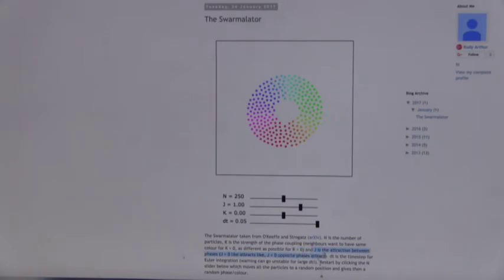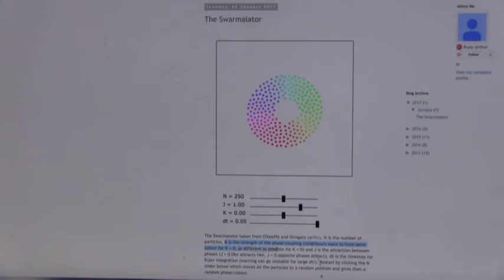Okay, so if we make J bigger than 0, which we've done here, likes attract. And you can see in the picture that we have blues with blues, oranges with oranges, greens with greens. And K is the strength of the phase coupling. Neighbors want to have the same color for K greater than 0.